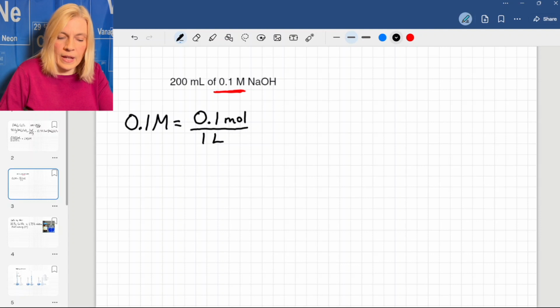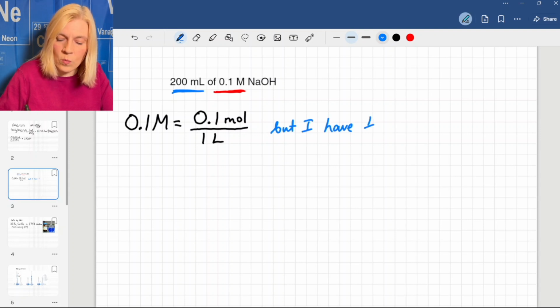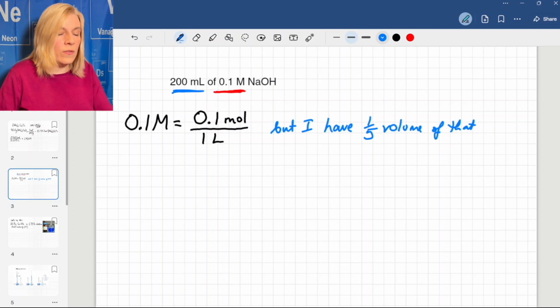But I need to make only 1/5 of that volume, yes? I have 200 mils, so that's 1/5 of the volume. If I have 1/5 of the volume, I'm going to take 1/5 of my solute.